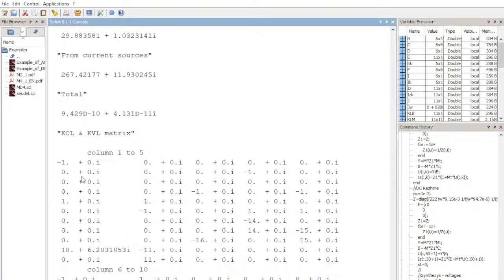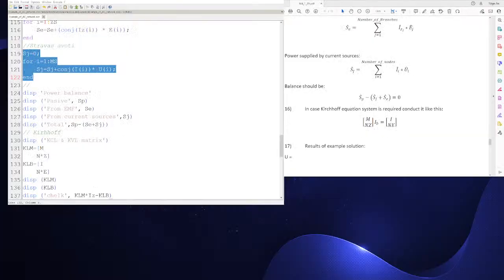What are KCL and KVL? I can check with the Kirchhoff law, I can conduct a Kirchhoff law equation. I will not solve it, but I can use it for check. I need such an equation system. 1 second, I will show what kind of system I need. It's a Kirchhoff equation system.